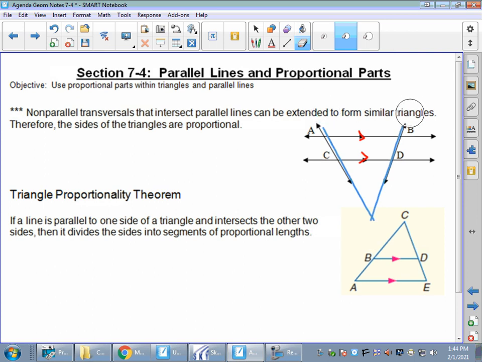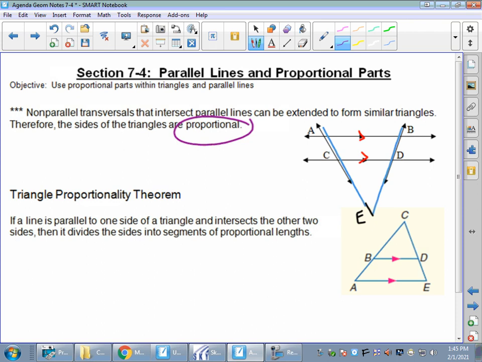Notice I've got the large triangle ABE, and then I've got the smaller triangle sitting on top of it, CDE. Those are similar triangles. So we're going to use this similar triangle idea, but we might not always have a triangle, or sometimes we do, and we can set things up a little differently. So we are still looking at proportions and setting up ratios.